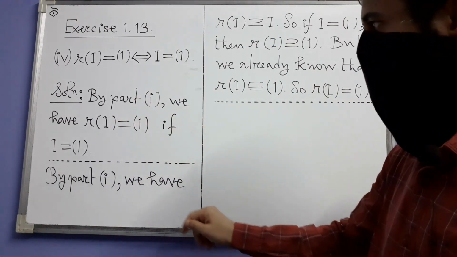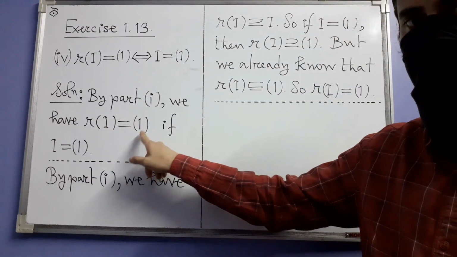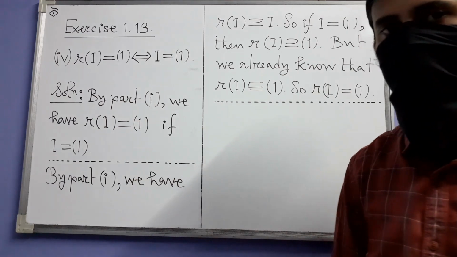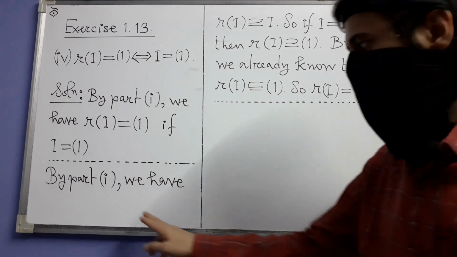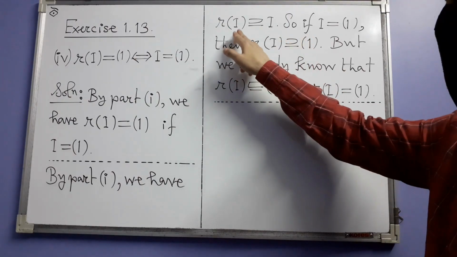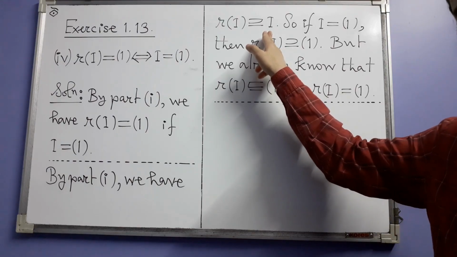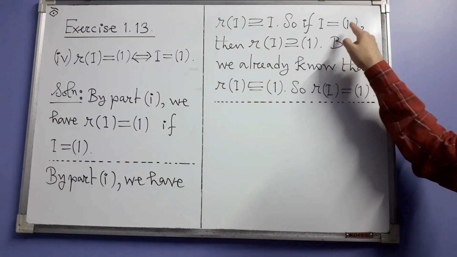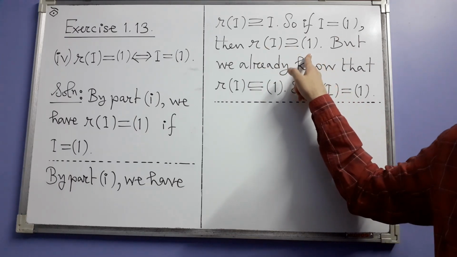By part 1 we have R of I equal to the entire ring if I is equal to the entire ring. Why? What was part 1? Recall that part 1 gives us that the radical of an ideal I contains I within it as a subset. So if I equals the entire ring, obviously R of I contains the entire ring.